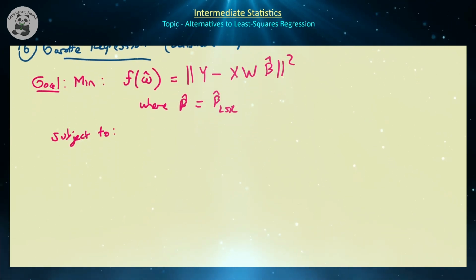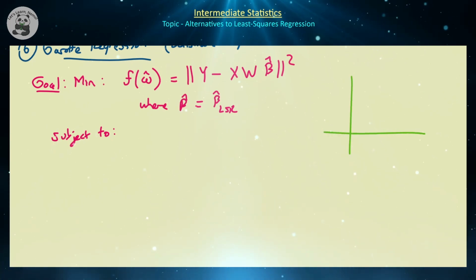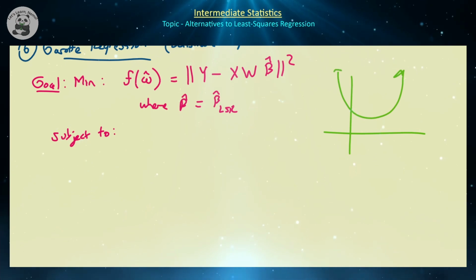right? And if you don't know what I mean by constrained optimization, sort of think about it from this perspective. Let's assume that we want to minimize the value for which this parabola attains, right? So we want to find the minimum value of y that minimizes this particular quadratic, which is obviously f of x, right? So some people would say, okay, obviously the minimum value is going to be there.